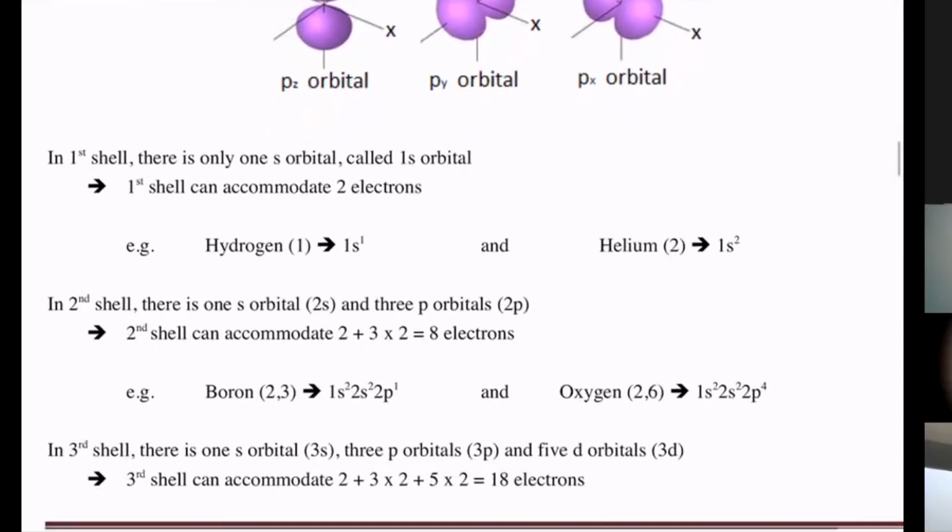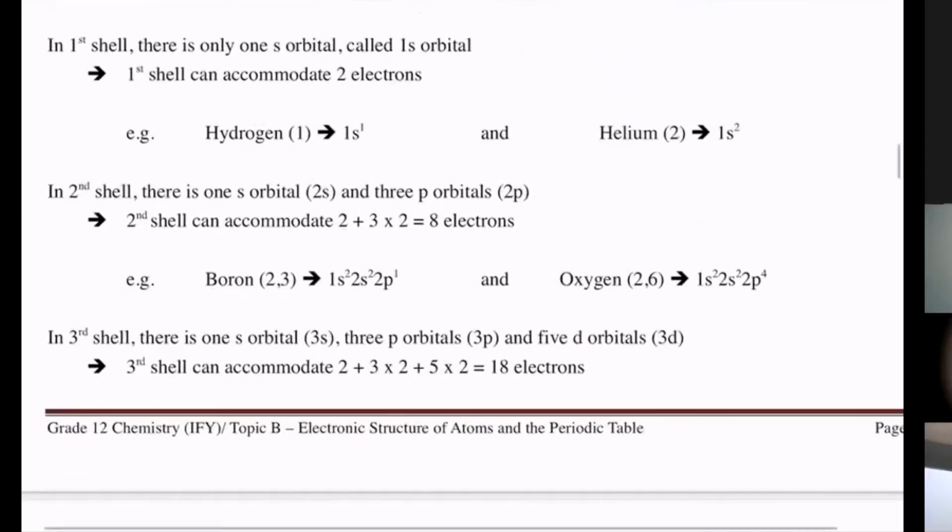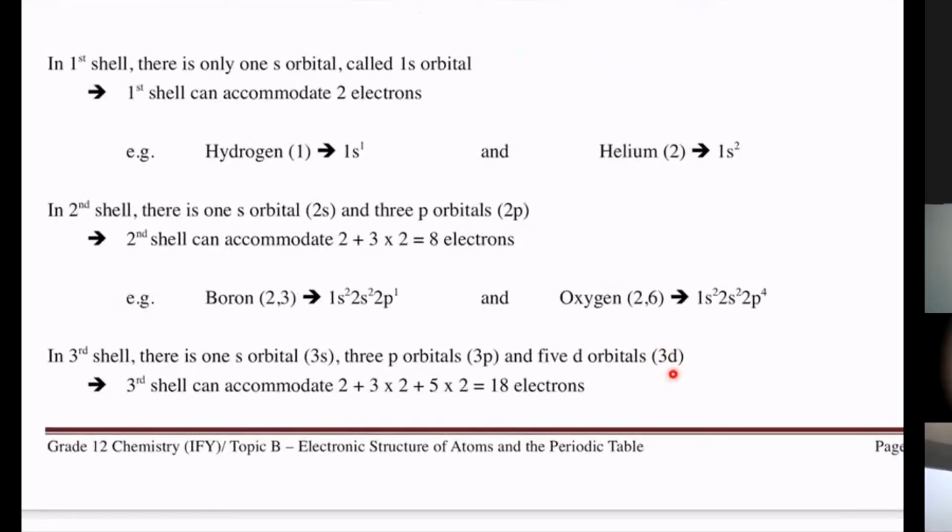So from period 3, it's going to get a bit more complicated. They're going to have not just s orbital and p orbital, but also d orbitals as well. The shape of the d orbital is not required in the IFY syllabus, so I'm not going to show you here. For the d orbital, it has 5 types of orbitals, so each of them is going to hold 2 electrons, so in total you're going to hold 10 electrons.